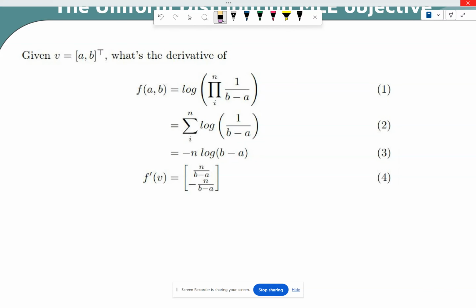Well, we can actually simplify this. Let's see how we can simplify this. Since A and B don't change, you're just adding log 1 over B minus A, plus log 1 over B minus A, plus the same thing.